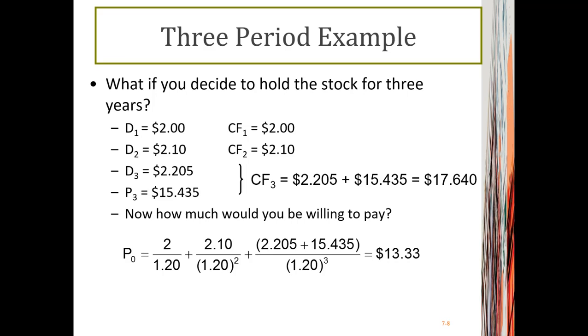And at the end of the third year, the stock price would be $15.43. And here you have cash flows from 3 different time periods, and we will discount those cash flows accordingly, as you see based on the equation on the slides. And the stock price is also equal to $13.33.